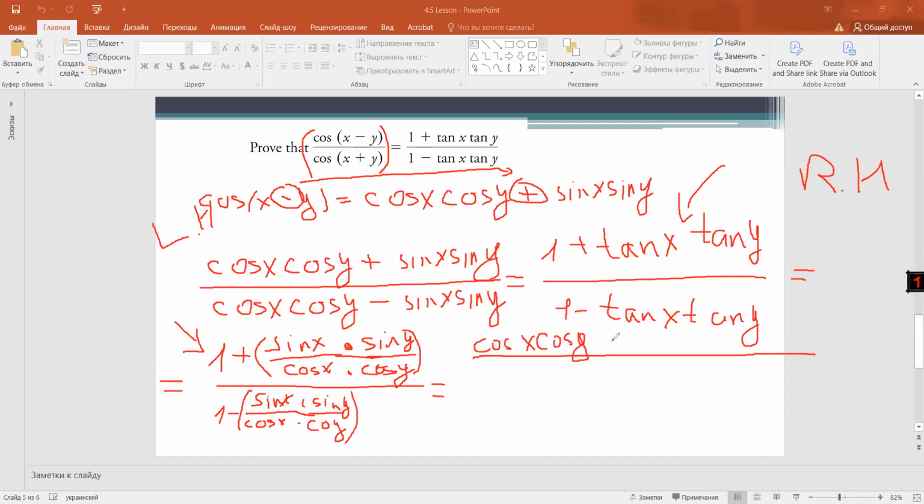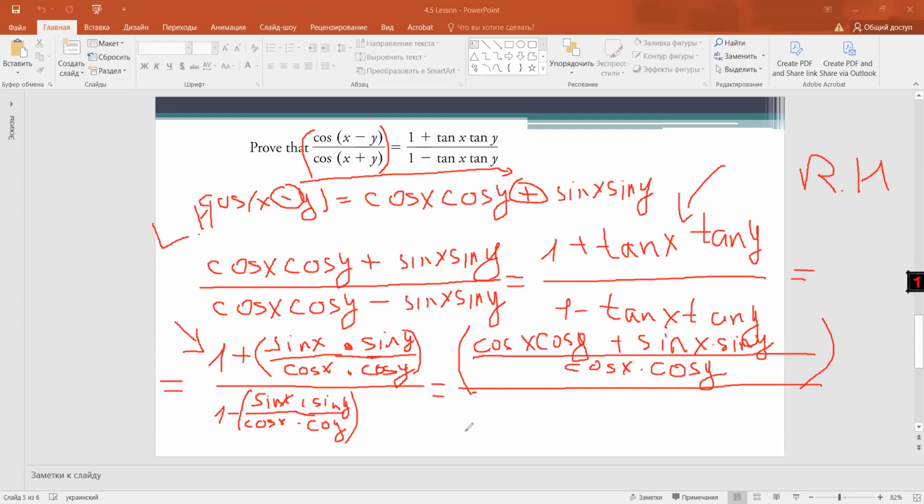on the same denominator plus sine x times sine y divided by cosine x times cosine y, all together over, this is our numerator, right?